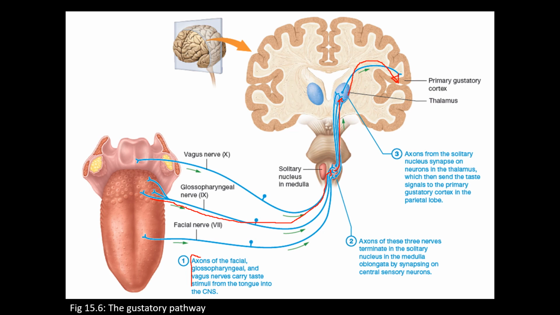So that is where all of that integration occurs. So this is just that pathway from taste bud, from actually receiving that chemical sensory signal and transmitting it out into the CNS. And remember, it's either cranial nerve 7, 9, or 10, depending on which region of the tongue is being used.